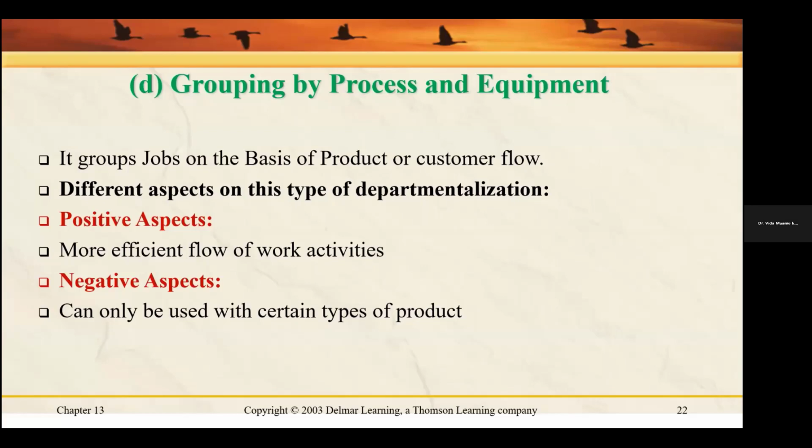More efficient flow of work activities. So in nursing, if you want to dress a wound, you know the process that you use, all the routine tasks, and the equipment that we also have to make the work flow to the customers. It can only be used with certain types of products.